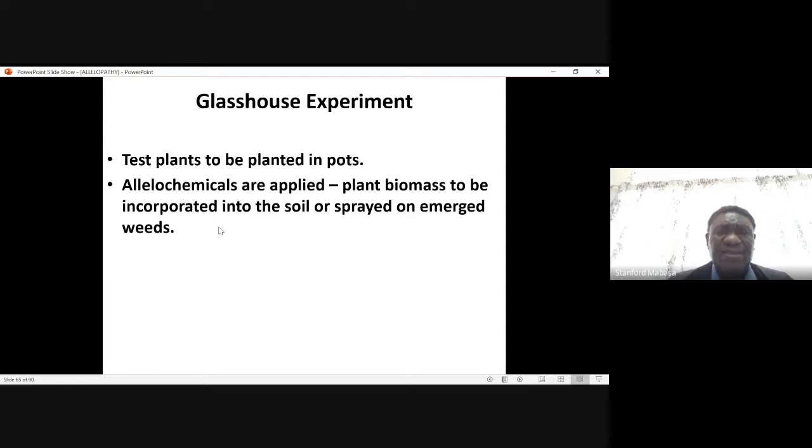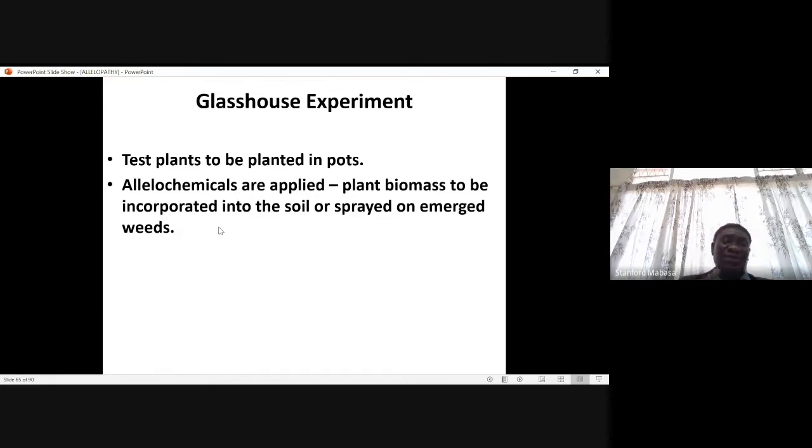Then there's a need to do a glasshouse experiment where test plants can be planted in pots, and allelochemicals are applied on those plants. Here you can incorporate biomass in the soil, or you simply spray the plants and then monitor growth and later on harvest biomass.